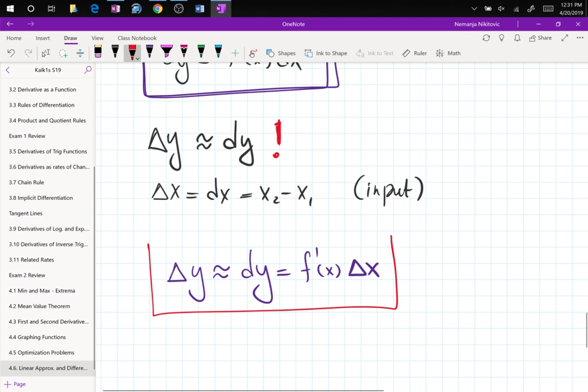This would be the boss equation, because you are stating that you are approximating the exact change by the differential, and the differential is equal to the derivative times delta x instead of dx, because delta x is actually the change from x1 to x2.